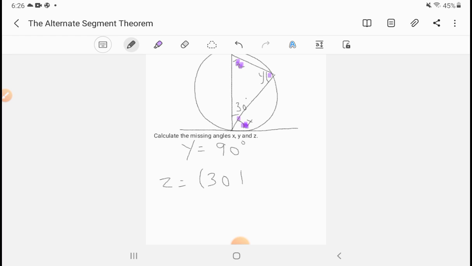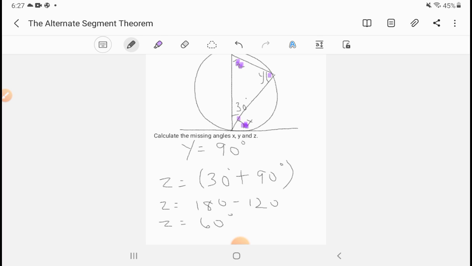We know that Y is 90 degrees. So Z is going to be equal to 180, take away the sum of 30 and 90, which is going to be Z is equal to 180, subtract 120, therefore Z is equal to 60 degrees, okay?